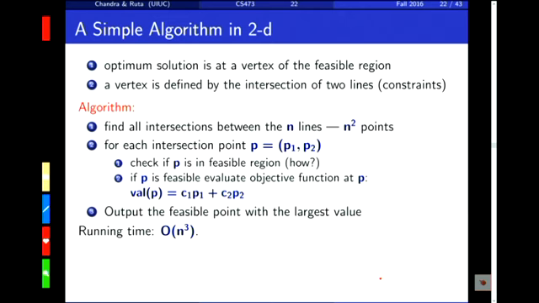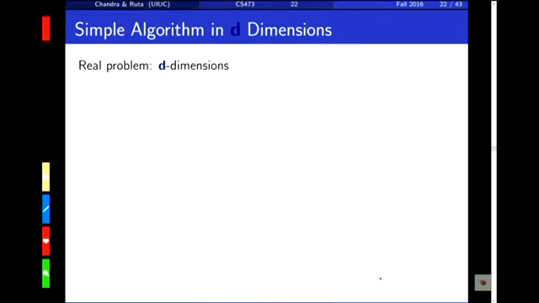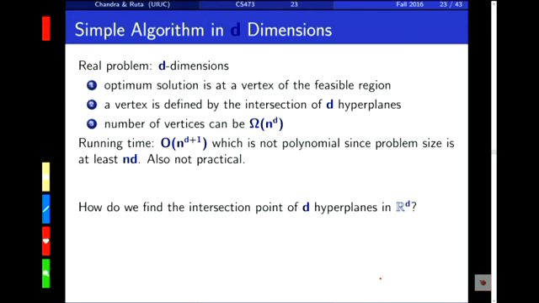What if we are in D dimensions? In D dimensions, a vertex is formed by the intersection of D hyperplanes, D inequalities. How many possible intersections are there if there are n constraints? If you pick any D of them which are linearly independent, that will form a vertex.